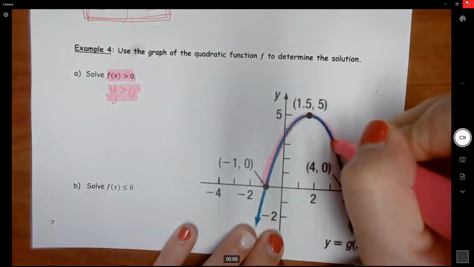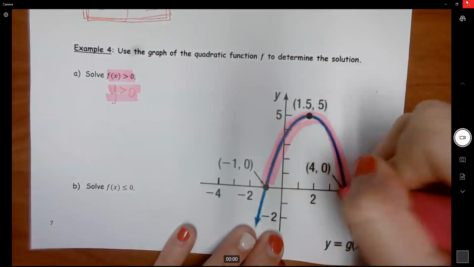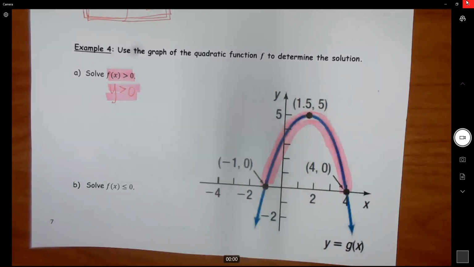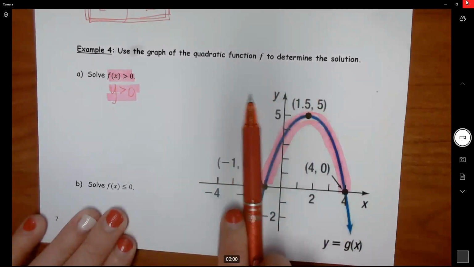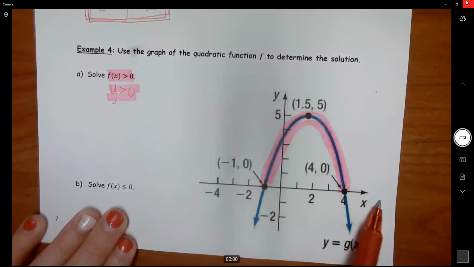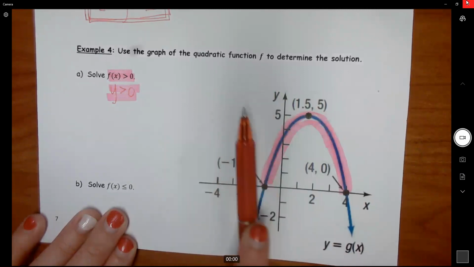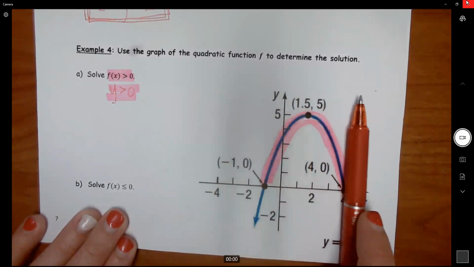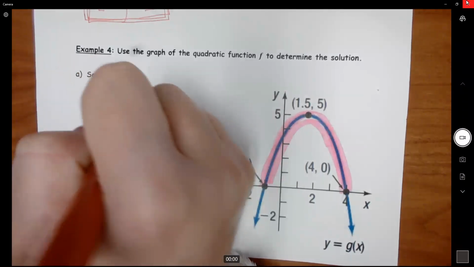Here is my graph portion above my x-axis. So when you go from left to right, it starts where? Right here at -1, because I'm looking at my x coordinates here. When x is -1, and then it goes to, you've got 0, you've got 1, you've got 2, you've got 3, you've got 4, but it does not go past 4. So this is -1 to 4.